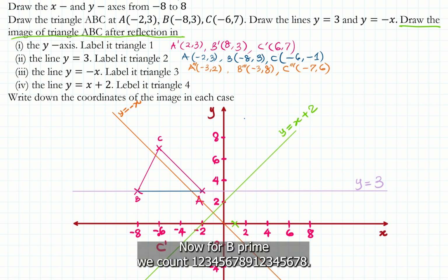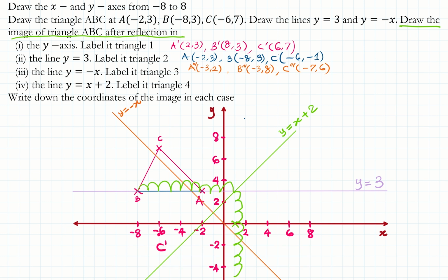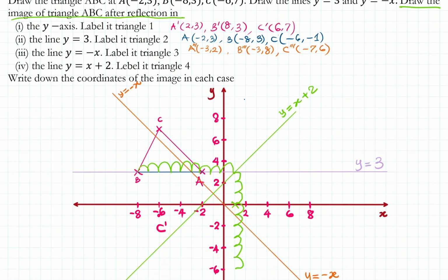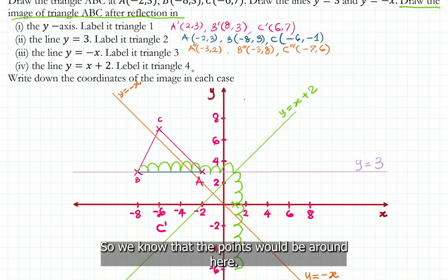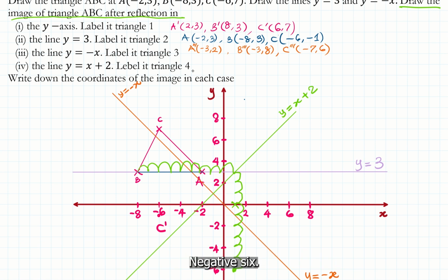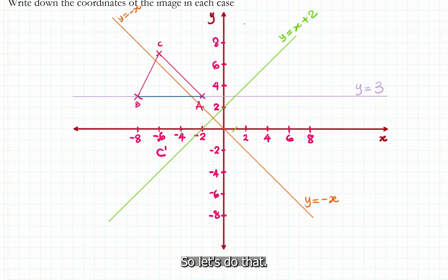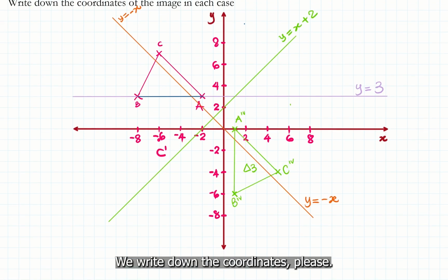Okay, now for B prime, we count 1, 2, 3, 4, 5, 6, 7, 8, and then we do one more that will take us to 9. Alright, so we know that the points will be around here, -6 and -1, or -1, -6 rather. So let's do that. Now that it's done, we write down the coordinates.